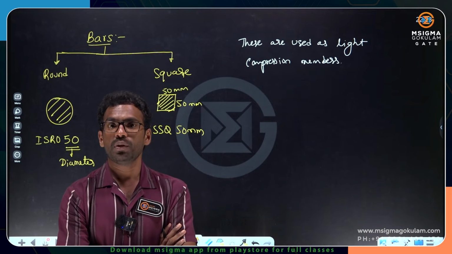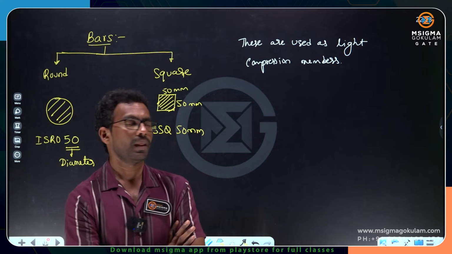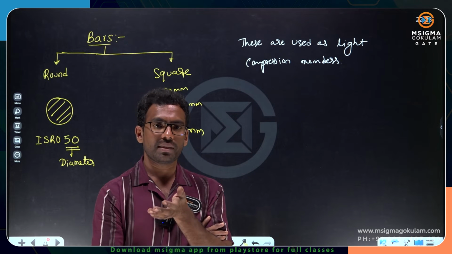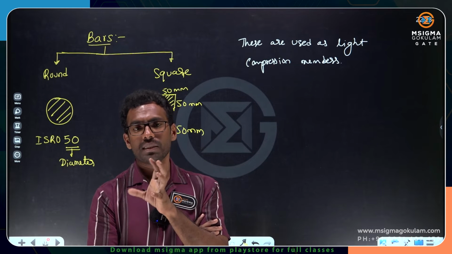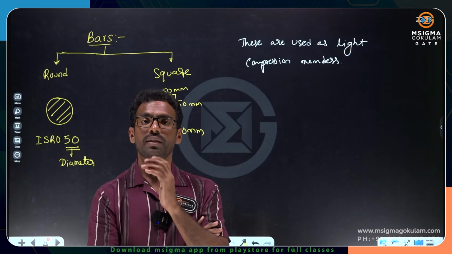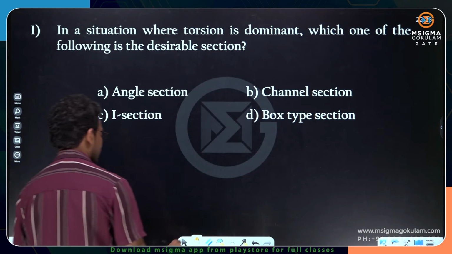We'll be talking about all these things, one after the other. Before going into the methods of design of steel structures, let me talk about the typical behavior of steel, basically how it is going to behave. Let us look at that.